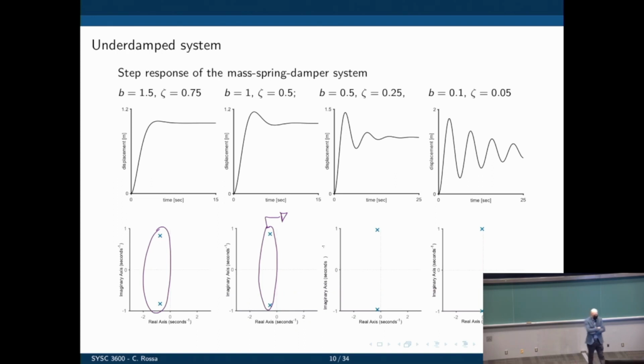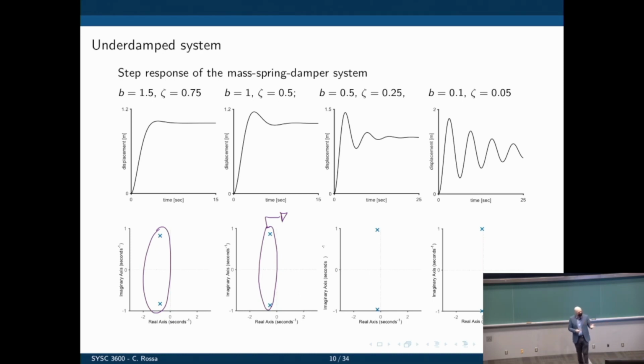And then eventually we may reach the imaginary axis. So this is the third case. These are the underdamped systems. Underdamped systems, the damping ratio is between 0 and 1. Overdamped, lots of damping, damping ratio greater than 1. Critically damped is a transition between the underdamped and the overdamped, where the damping ratio is exactly 1.